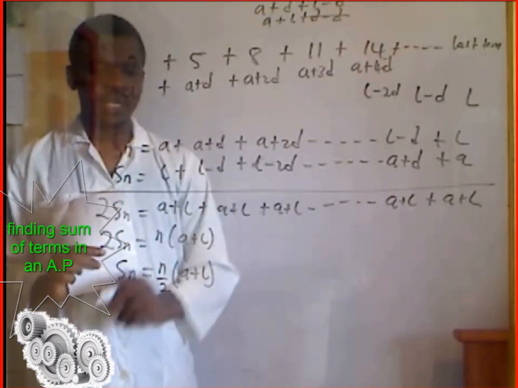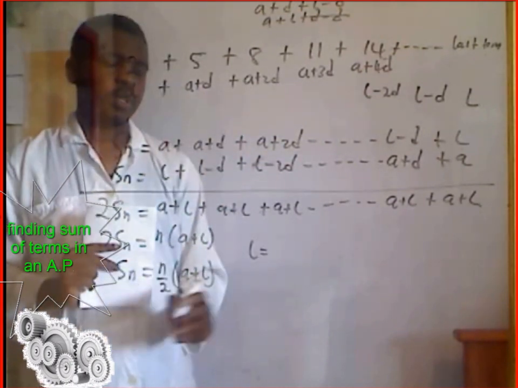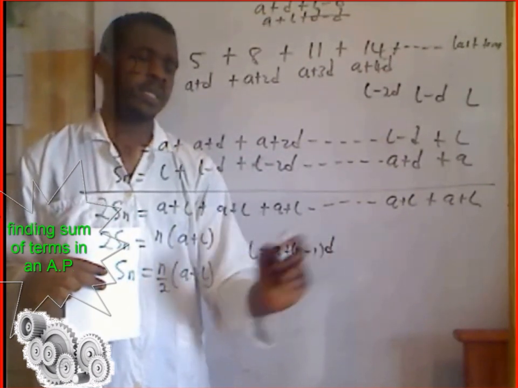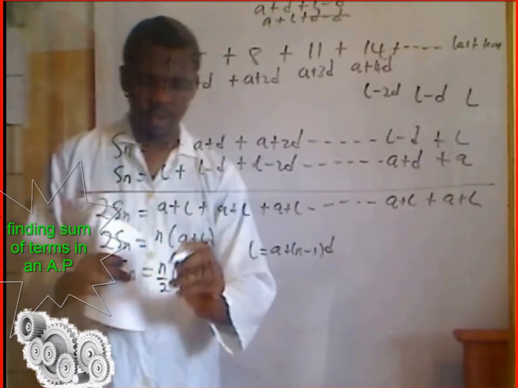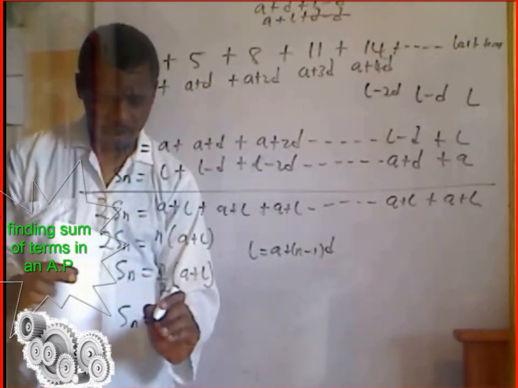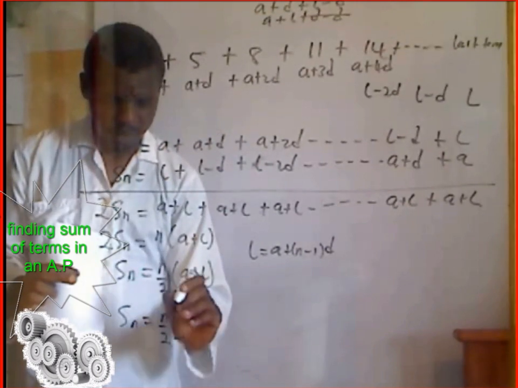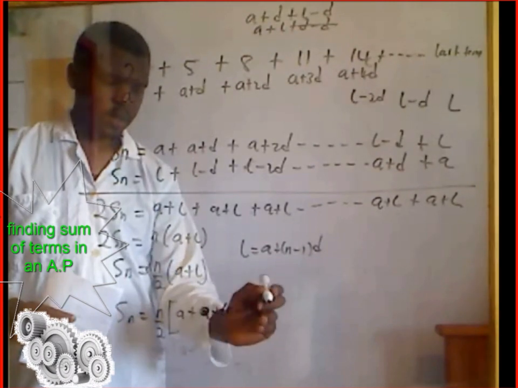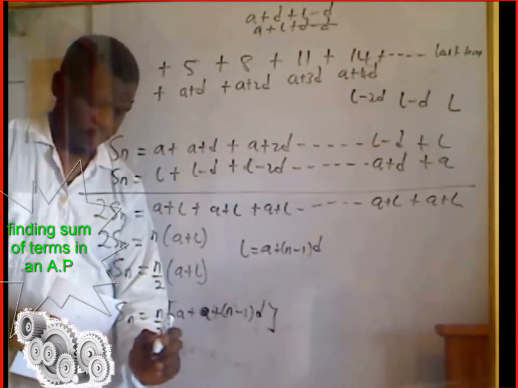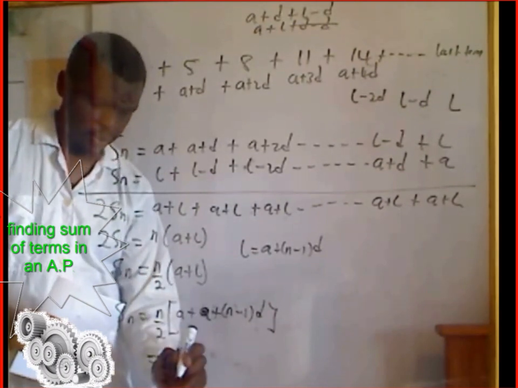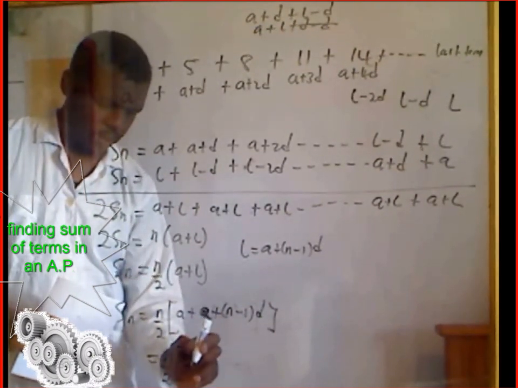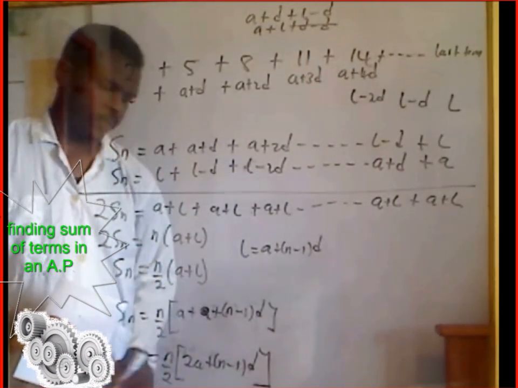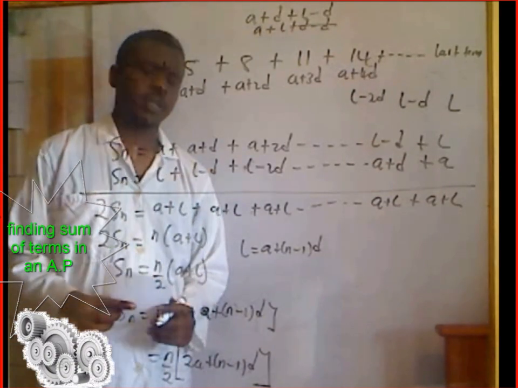But we can extend this formula further to include A and D. We know that L is the last term, which is A plus n minus 1 D. So if I substitute this into this equation, I'll have Sn is equal to n all over 2 factor of A plus A plus n minus 1 D. This will give us n all over 2 factor of 2A plus n minus 1 D. You can use these two formulas to find the sum.